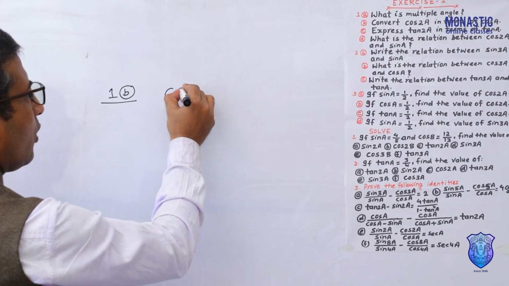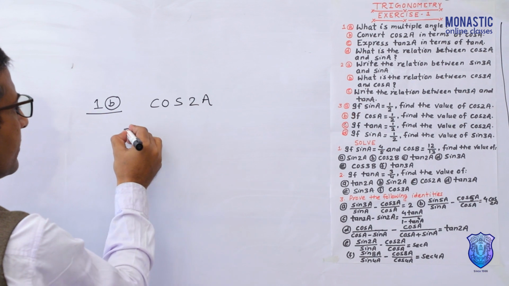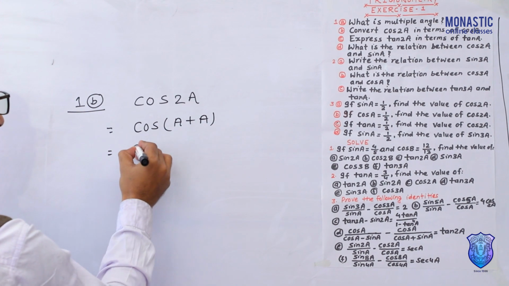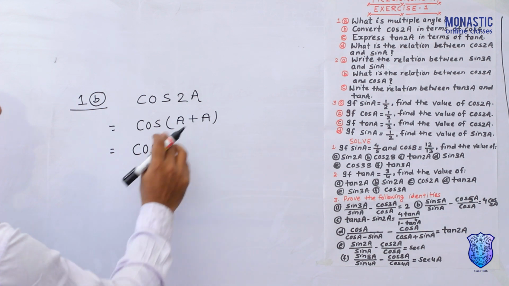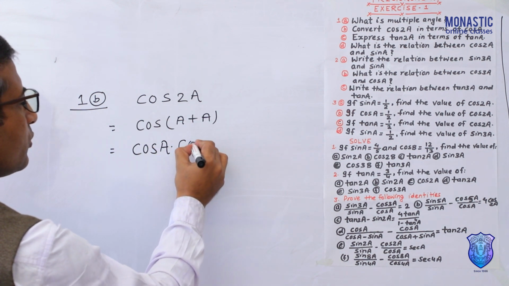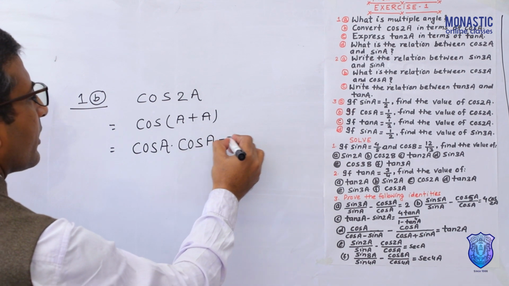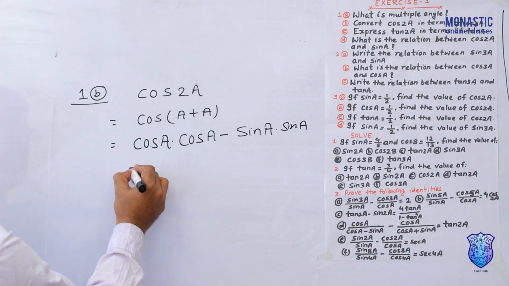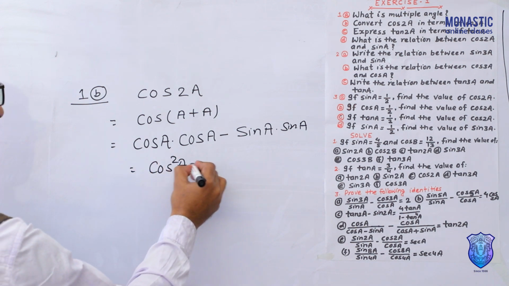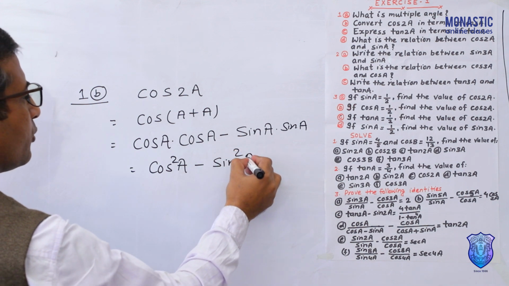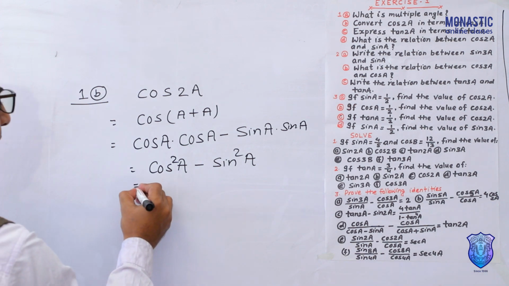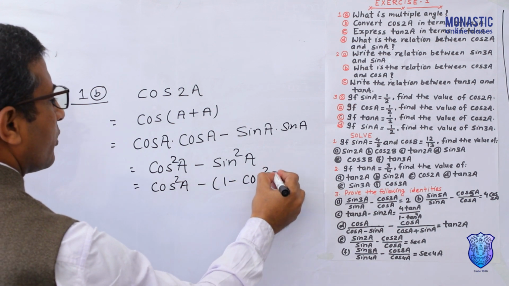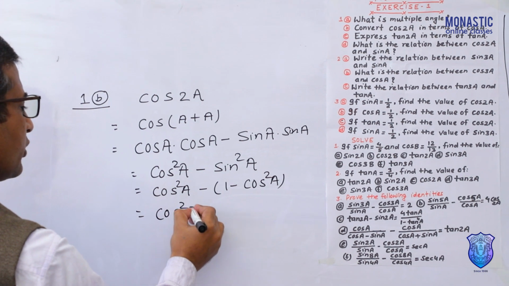Cos 2A. We have learned we can write 2A as A plus A. Now it's the formula of cos of A plus B, cos A into cos B, but in place of B there is A, minus sin A into sin B. Again in place of B we write A. It came cos square A minus sin square A. But we want the result in cos, so we have to convert sin square A into cos, that is 1 minus cos square A. Now do the simplification.